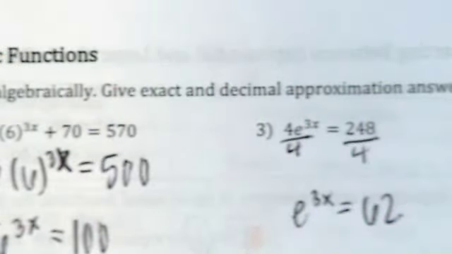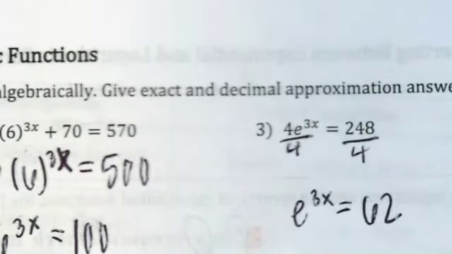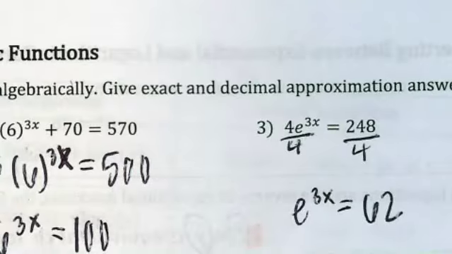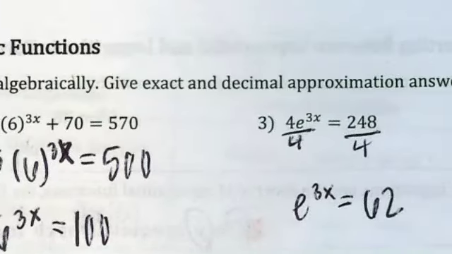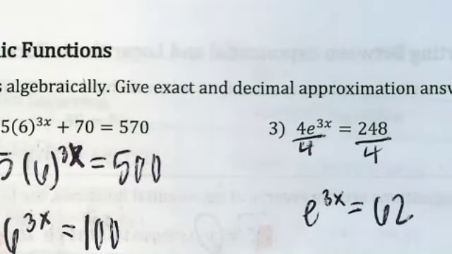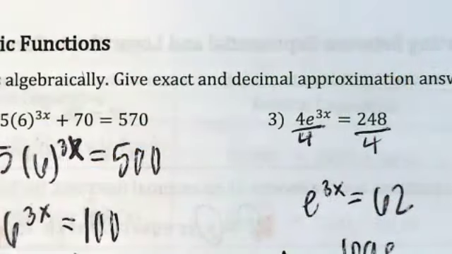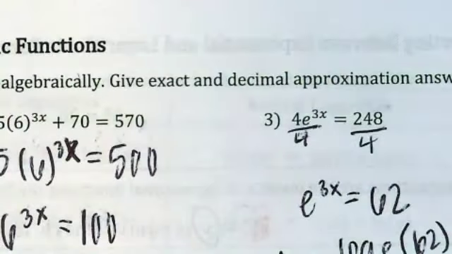Okay. When you convert this from exponential to logarithmic form, you can make it log base e of 62 equals 3x. Okay, really quick.